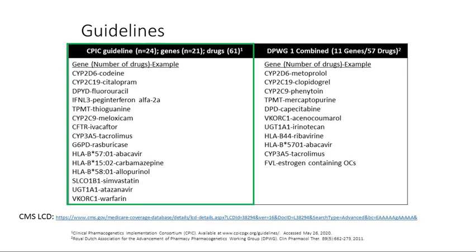What's really important is CPIC played a major role in working with the Centers for Medicare and Medicaid Services to result in a new coverage determination, which will go into effect July 26th. The link to that coverage determination is on this slide, and that really is going to open up the use of pharmacogenomics to a greater degree. The private insurers have started to move on this also, but with CMS moving, it's really going to help drive things.